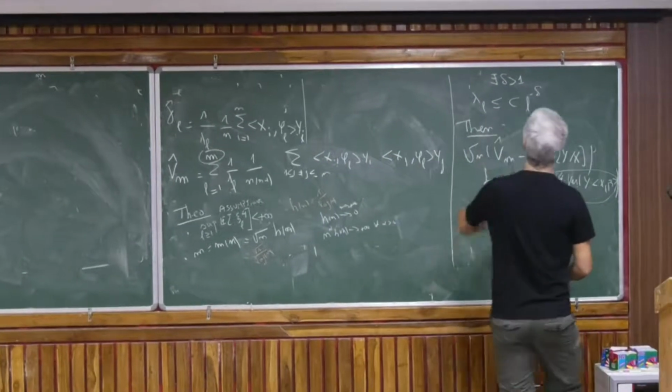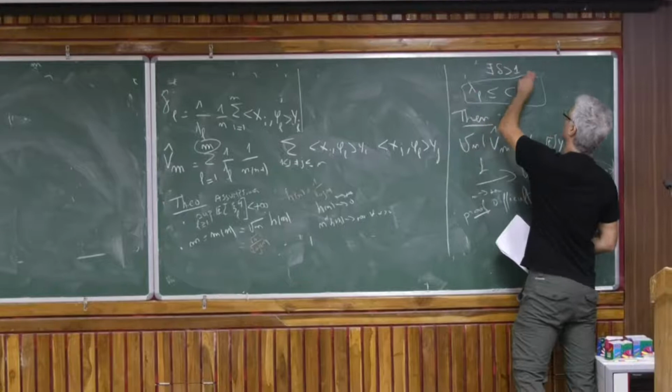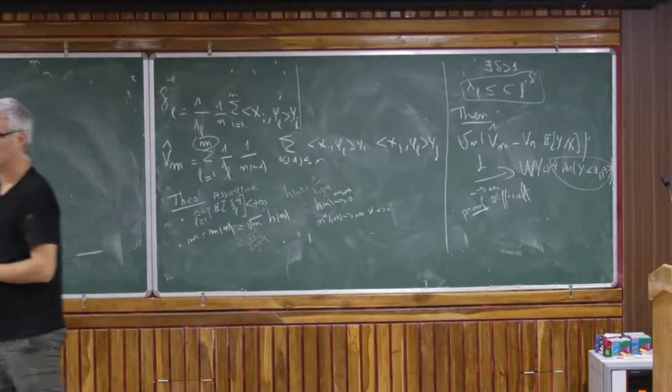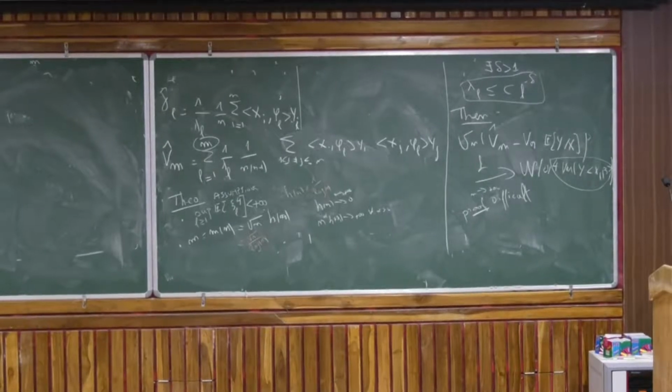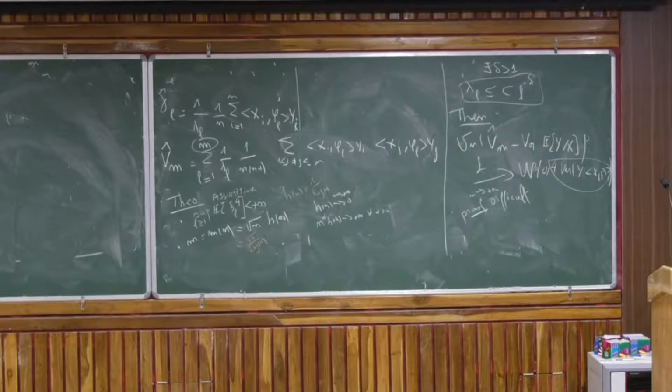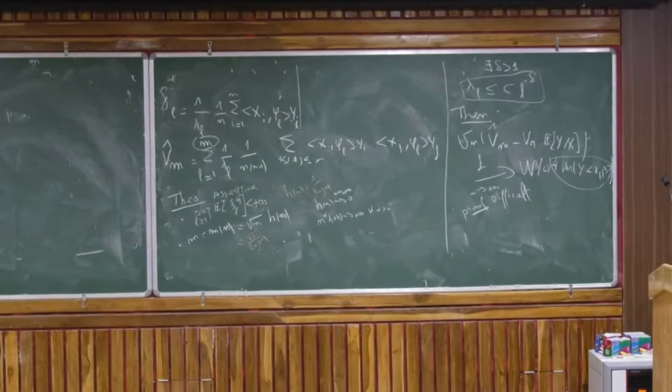No, but in some sense, I need to have this decay. But yes, it does not depend on the decay. But I'm not saying that I found the optimal choice of m. If you want to find the optimal choice of m, then you have to consider the rate of decay.